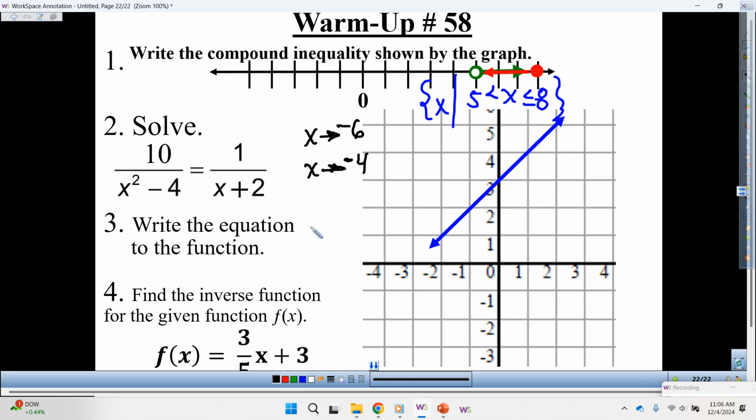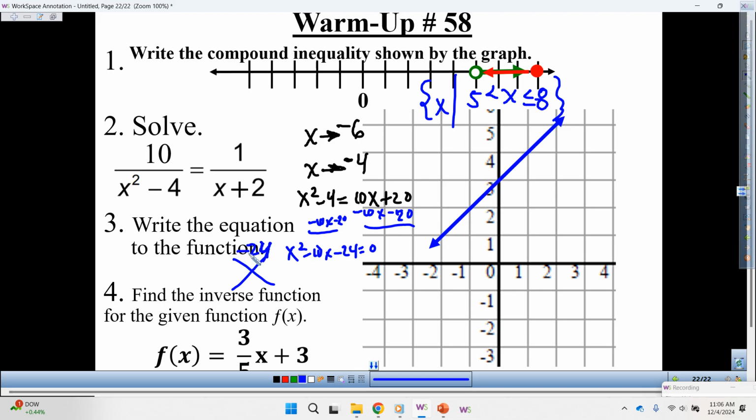Kind of, sort of, but let me just double check. We got x squared minus 4 equals 10x plus 20. From there we subtract 10x and subtract 20 from each side. We end up with x squared minus 10x minus 24 equal to 0.